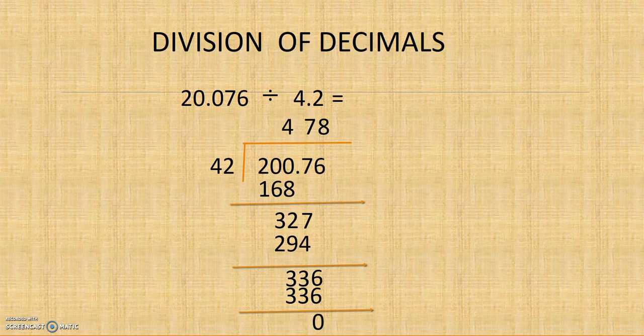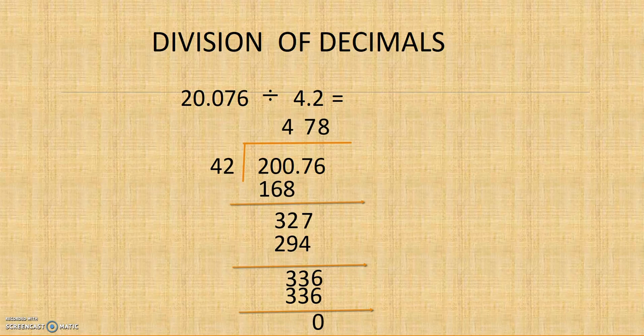Always remember, in division, we will be using 3 operations: division, subtraction, and multiplication. So here, our answer is still a whole number. So let's count how many decimal places we have in our dividend.